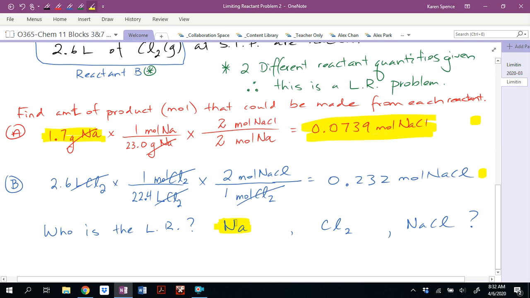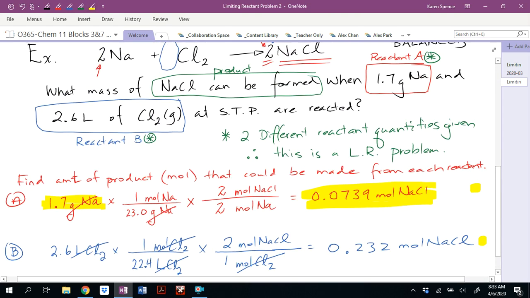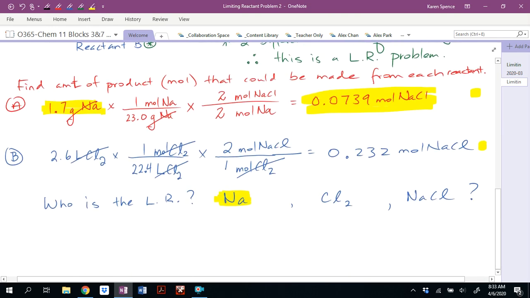Okay, and finally, this question asked us for what mass of NaCl can be formed. So we're going to use this amount of sodium chloride, that many moles, to find the mass of NaCl that can be produced.